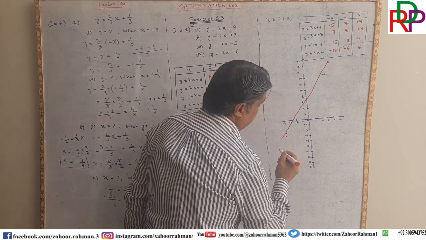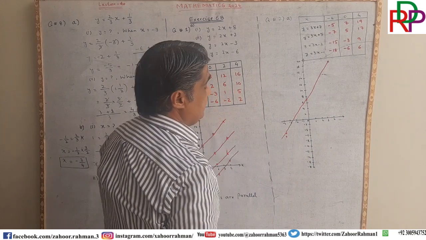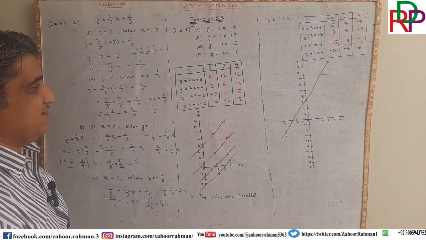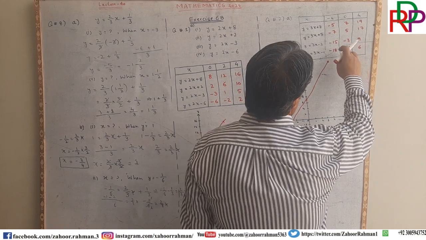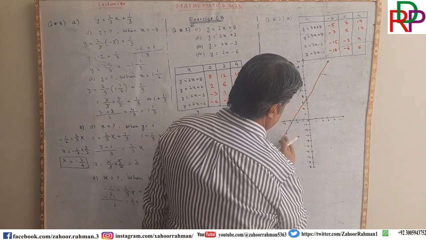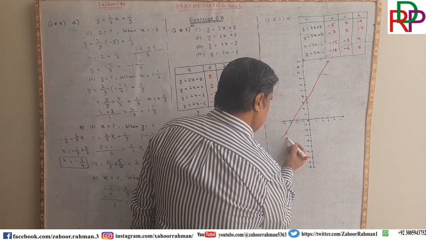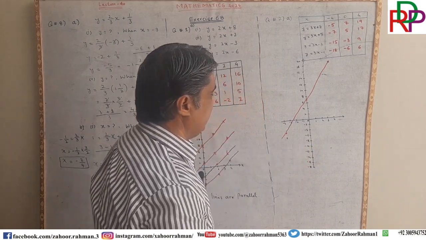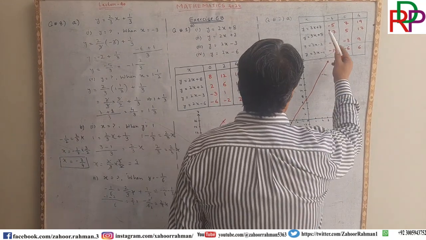So for minus 4, that will be minus 6. For minus 4, that is minus 7. So minus 7 will be somewhere here. You have to be very careful on these, otherwise you will get it wrong.